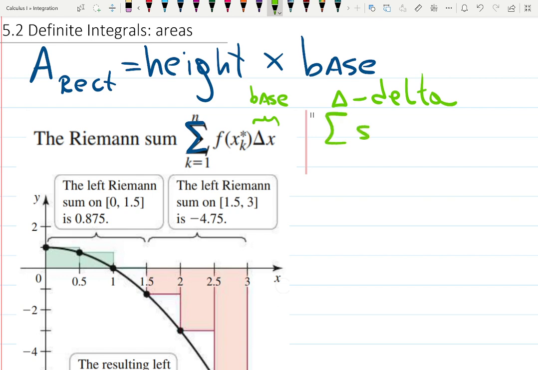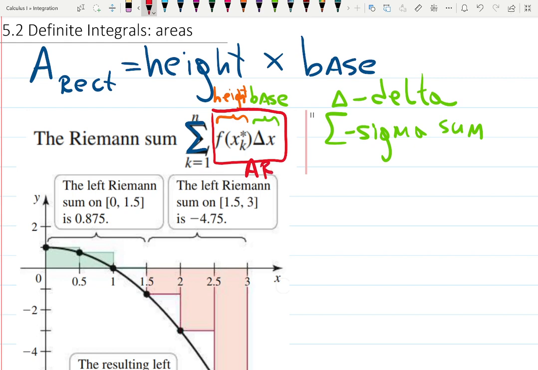And this is sigma sum notation. So base times height. This is what we did with those rectangles. When you multiply base times height, you get the area of one rectangle.